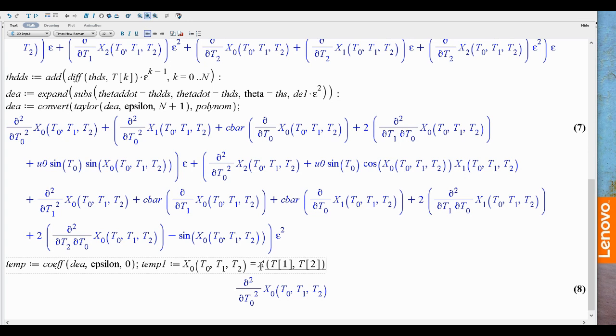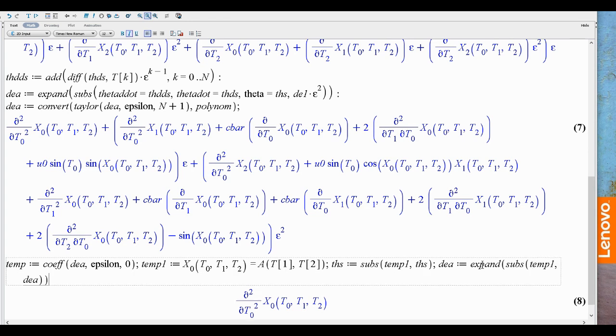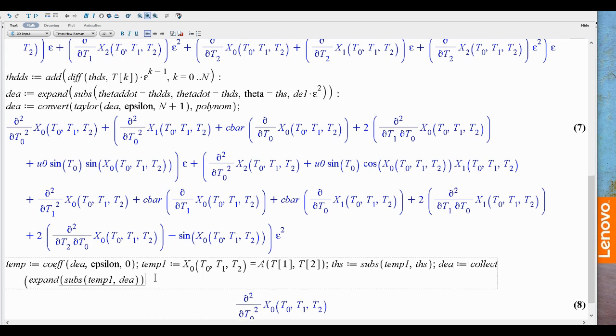Now we will say THS is equal to substitute temp1 THS. We will say DEA is equal to expand substitute temp1 in DEA, and then after we expand we want to collect for epsilon.